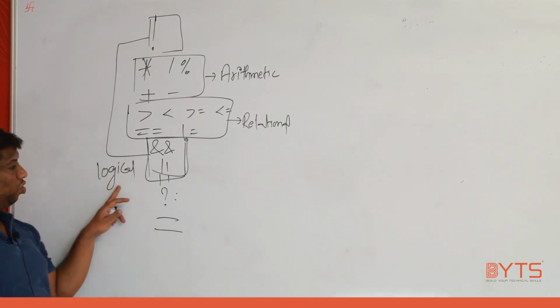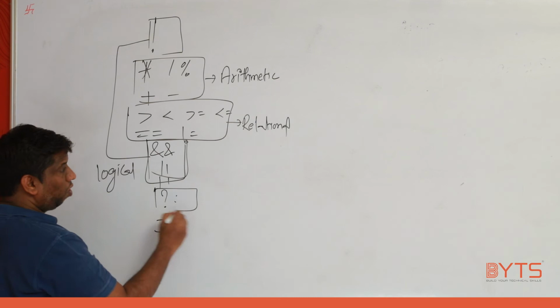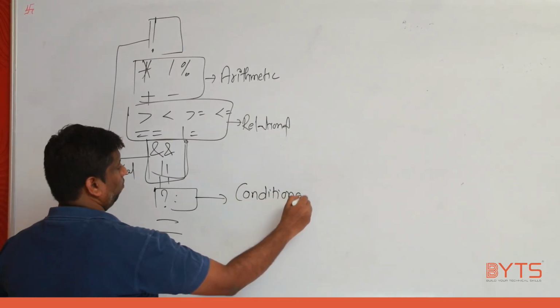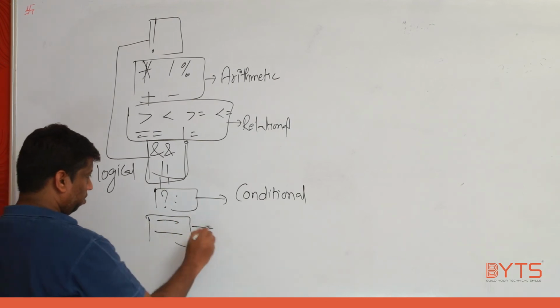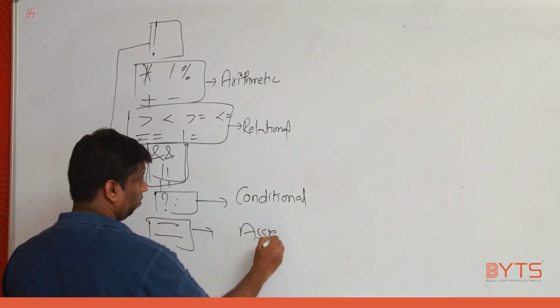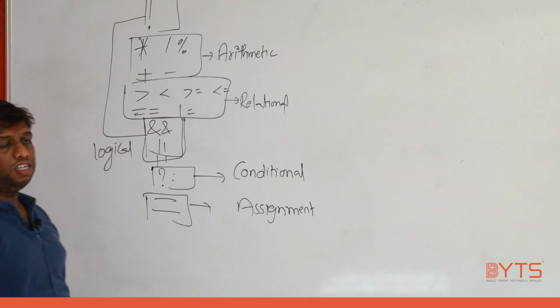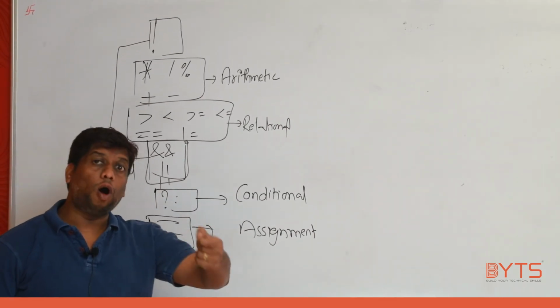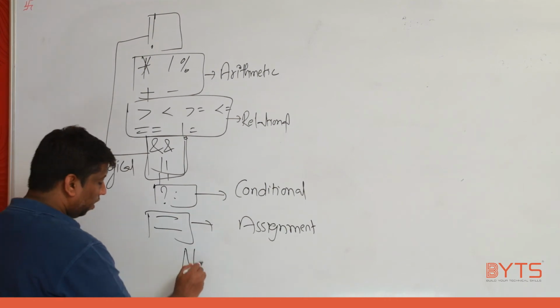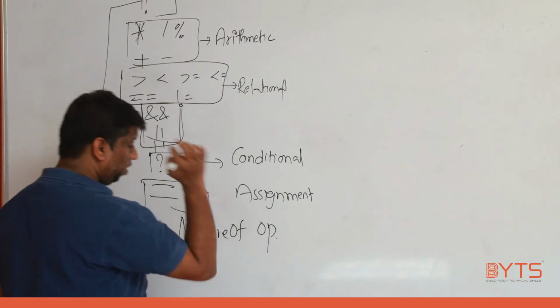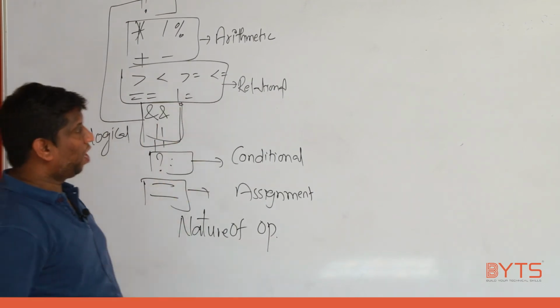This is called the conditional operator. And this is called the assignment operator. So this classification is based on the nature of operation. Now I will write the same priority for you again.